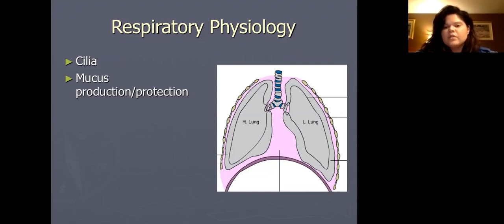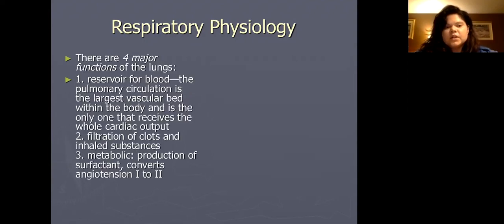A lot of people that smoke or are around smoke cause damage to their cilia. And then this process is a little bit more difficult for those people. Then in this area, there's also mucus production, which forms a second line of defense for protection from anything entering the airway that's not supposed to be in there.